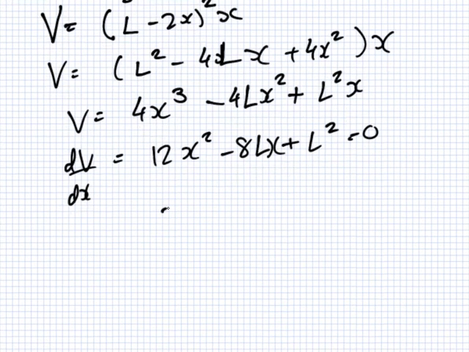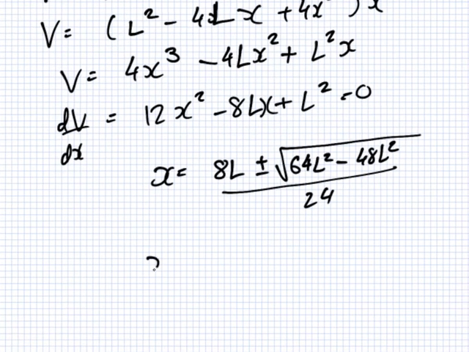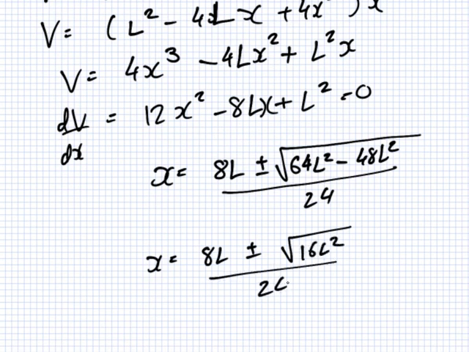So we can say x equals minus b plus or minus the square root of b squared minus 4ac, all over 2a. So x equals 8L plus or minus the root of 16L squared, over 24.